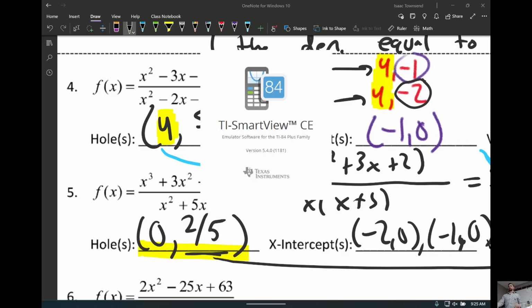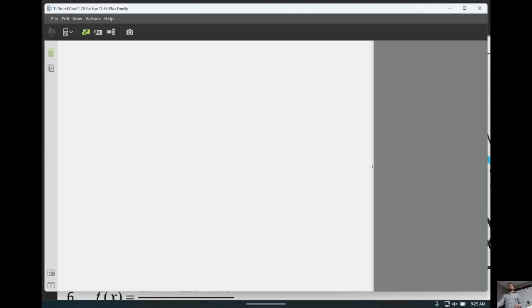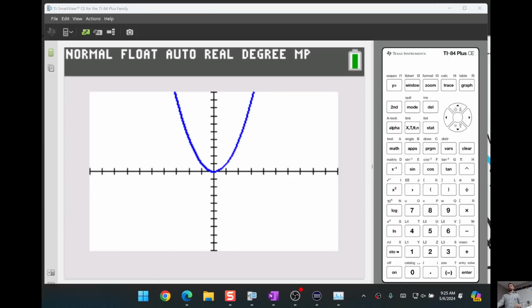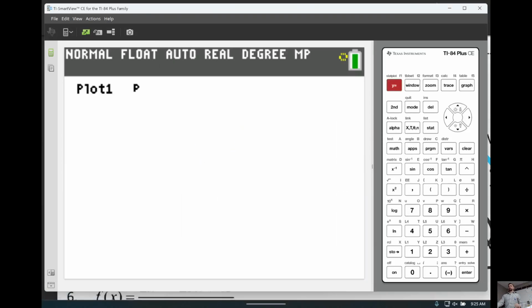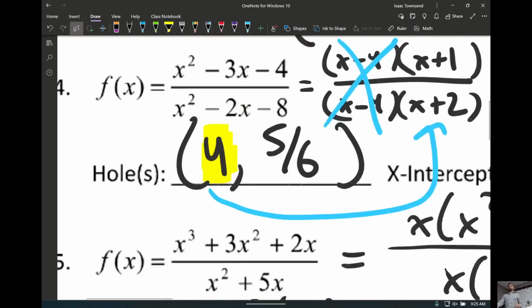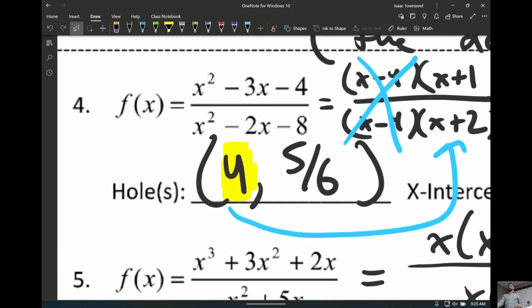So let me try this graphing again. Okay, this is looking better. Okay, let me zoom on this a little bit so I can see it better.